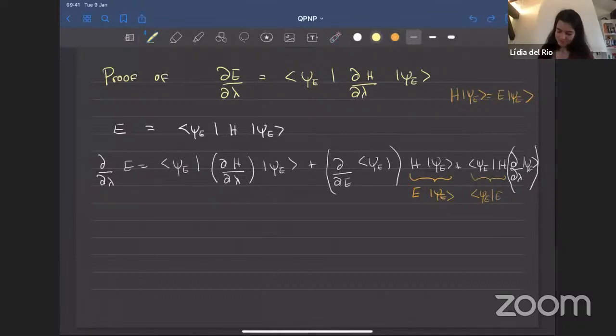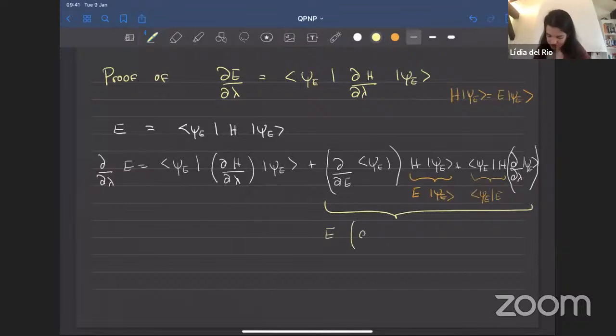So then this whole thing, I did it more neatly in the lecture notes if you want to see step by step, but this already gives you an intuition. So then this whole thing, we can put it as what? So it's E times the derivative of the first times the second, plus E, the first times the derivative of the second.